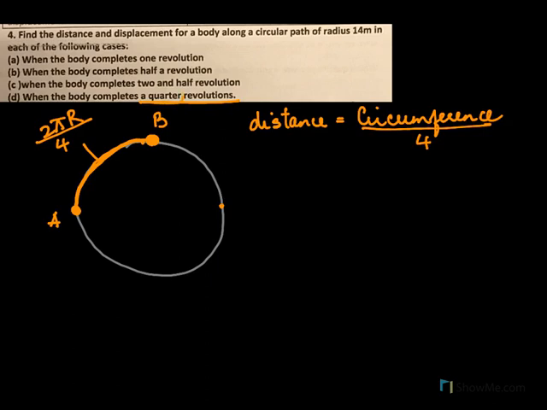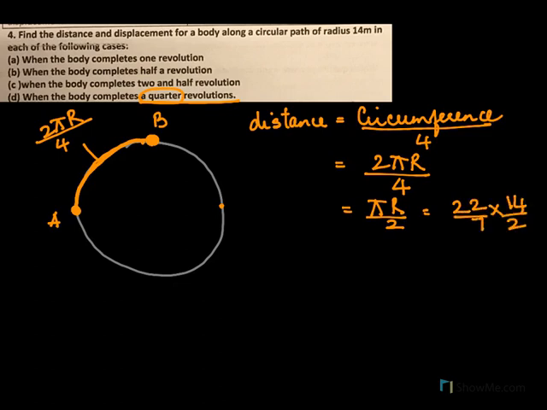Why divide by 4? Because it is quarter revolution. That is 2 pi r divided by 4. That is pi r divided by 2, 22 by 7, your r is 14 and over 2. This 2 I write here. So the answer here is 22 meter. This is the distance.